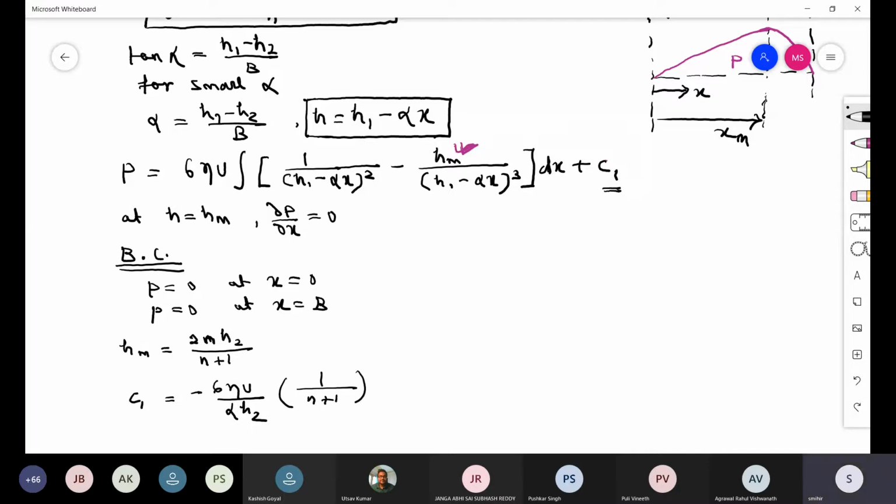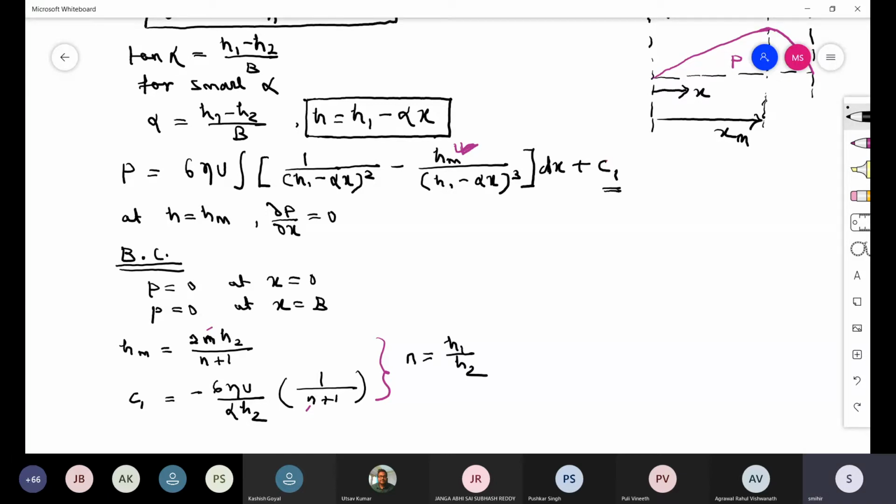So here I am writing another new quantity n. This is eta, and this new quantity n is equal to h1 by h2.